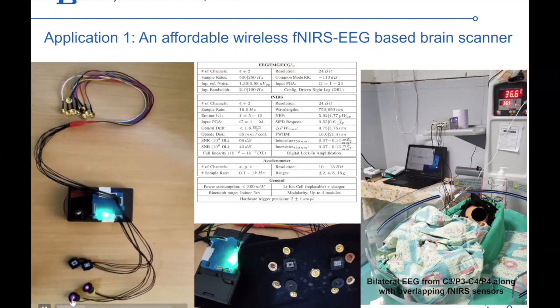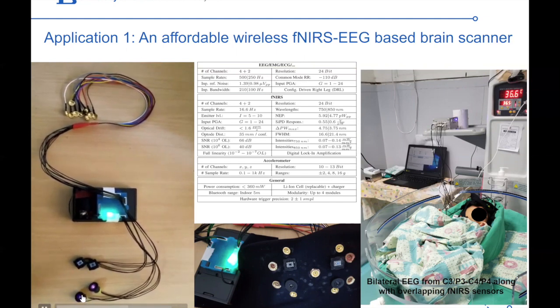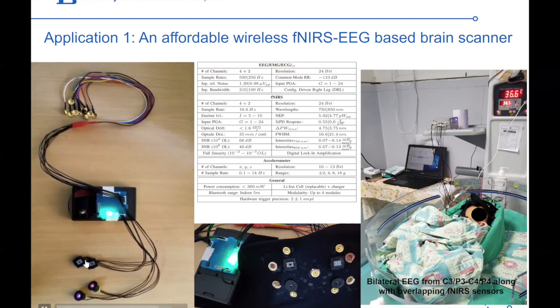This is time multiplexed. The LEDs blink alternately, and then we collect the light that passes through the brain tissue, measured at the photodiode, and based on the signal that we get there, we can do some signal processing to identify the oxy and deoxyhemoglobin content in the brain tissue. And also we can measure EEG.